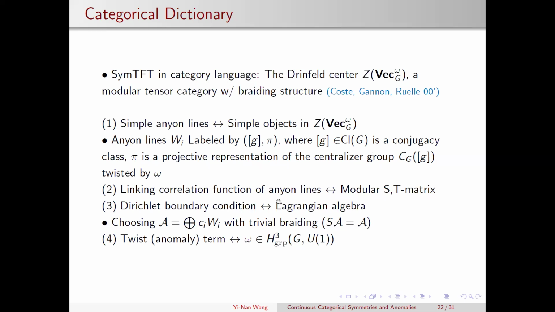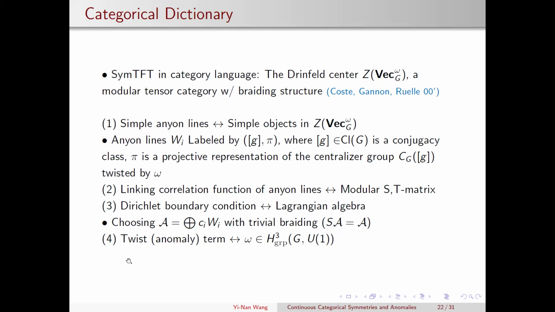And then the linking correlation function of anyon lines in the SymTFT gives rise to the modular S and T matrices. The topological discrete boundary condition corresponds to a Lagrangian algebra, which means that you just pick a direct sum of anyon lines with mutually trivial braiding. And this is also equivalent to the criterion I said before.